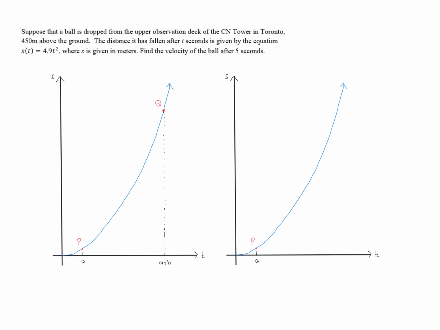Now, we had said earlier that the average velocity was the change in position over the change in time. So if we look at an interval and we want to take the average velocity, in this case, we're going to look at the interval from A to A plus H, so H units further than where we started. Remember that the average velocity was the change in distance over the change in time.